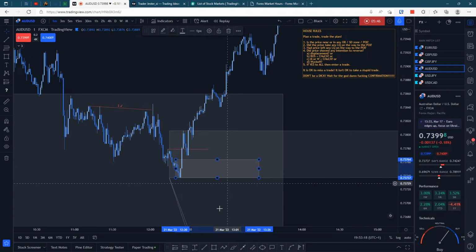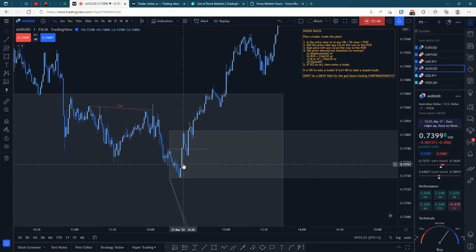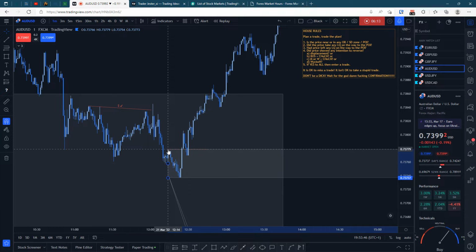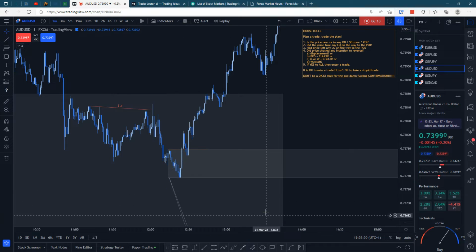Why this zone here? Because this was the last impulse move that took some liquidity from these 2 one-minute candles, and yes, pretty much that's why. But the entire demand zone at the end becomes not just this last move down, but the whole move from the start of the move down.